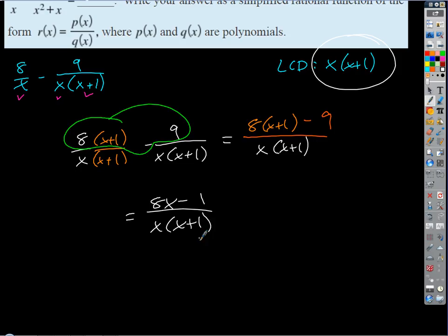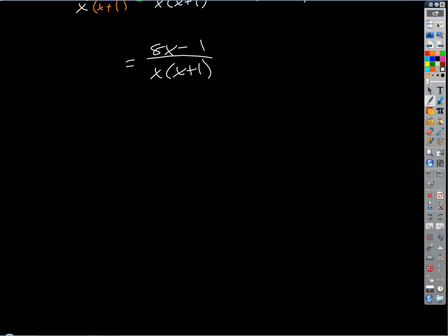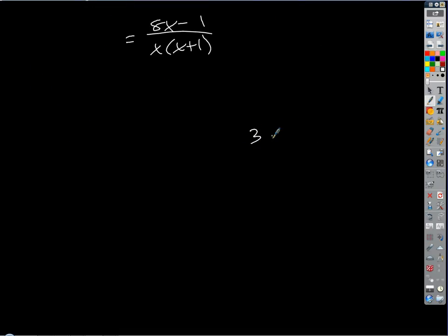Why don't those just cancel? Why don't what just cancel? The x plus 1 over x plus 1 in the answer. Oh, right here? Yeah. Okay, because you can only cancel factors, right? This is not a factor because it's not being multiplied by everything. Something is being subtracted from it. It'd be like saying 3 plus 2 over 3.